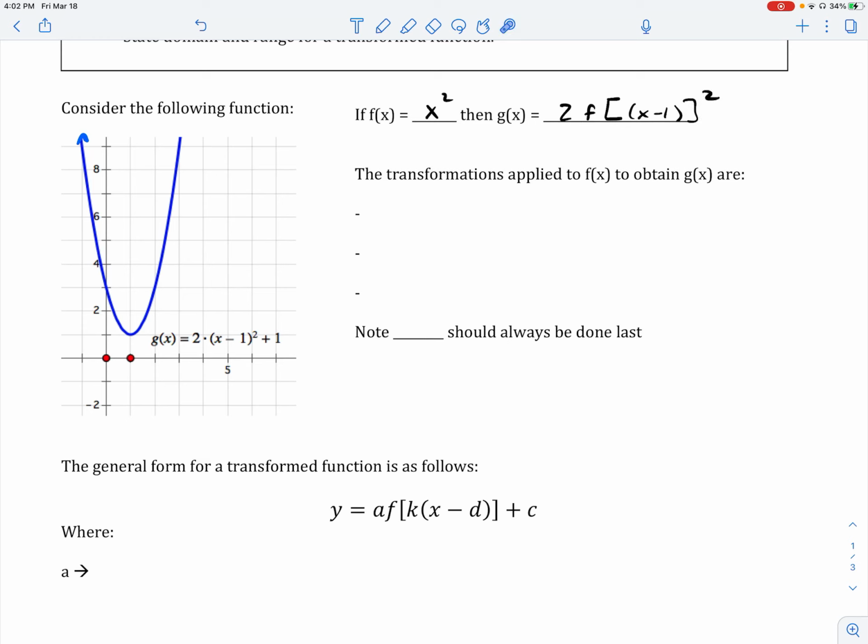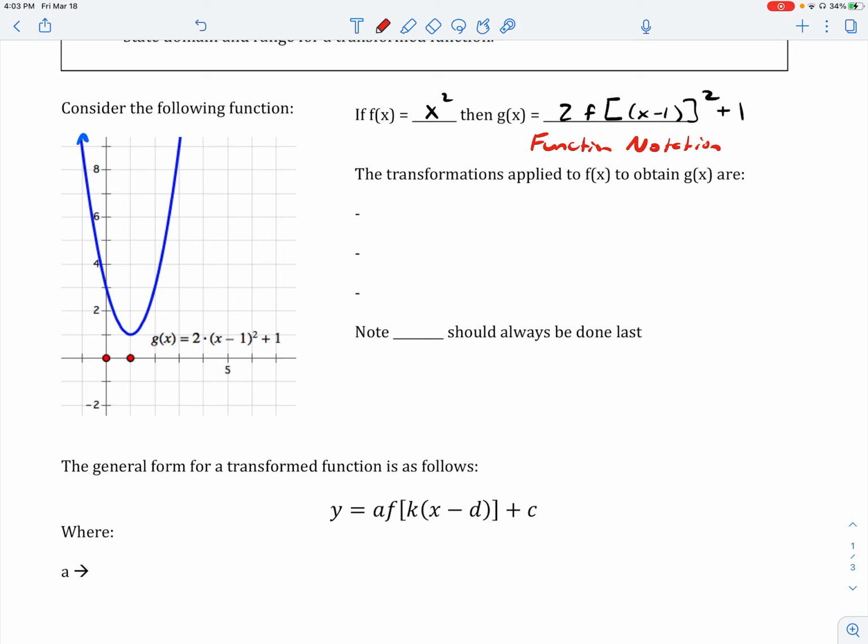And then the next thing to do is to just add 1, so I'd have plus 1. So this describes the transformations in function notation. This tells me all the transformations that I need to do to f of x in order to get there. I'm just going to write here, this is function notation. That's one way to describe transformations.